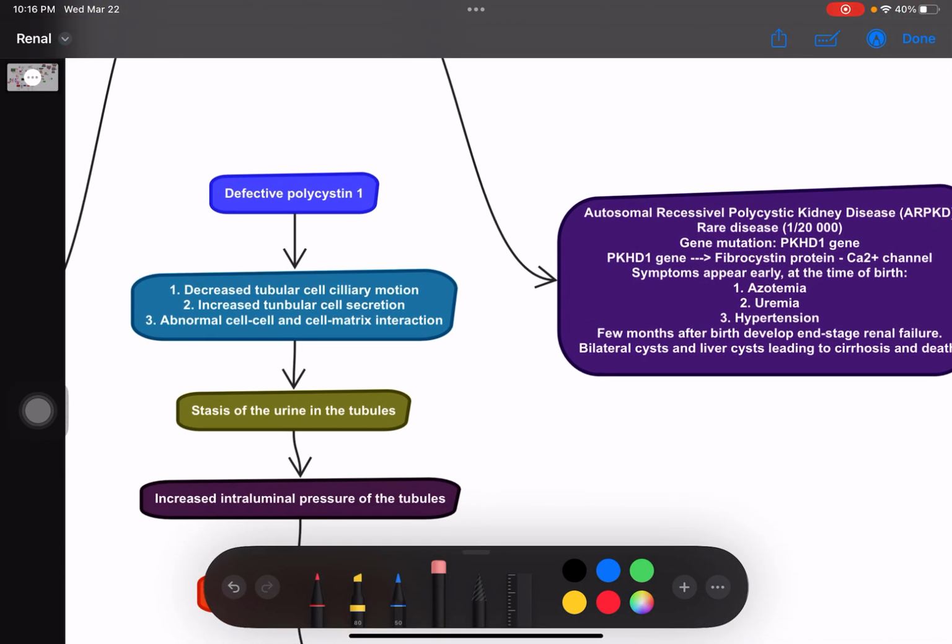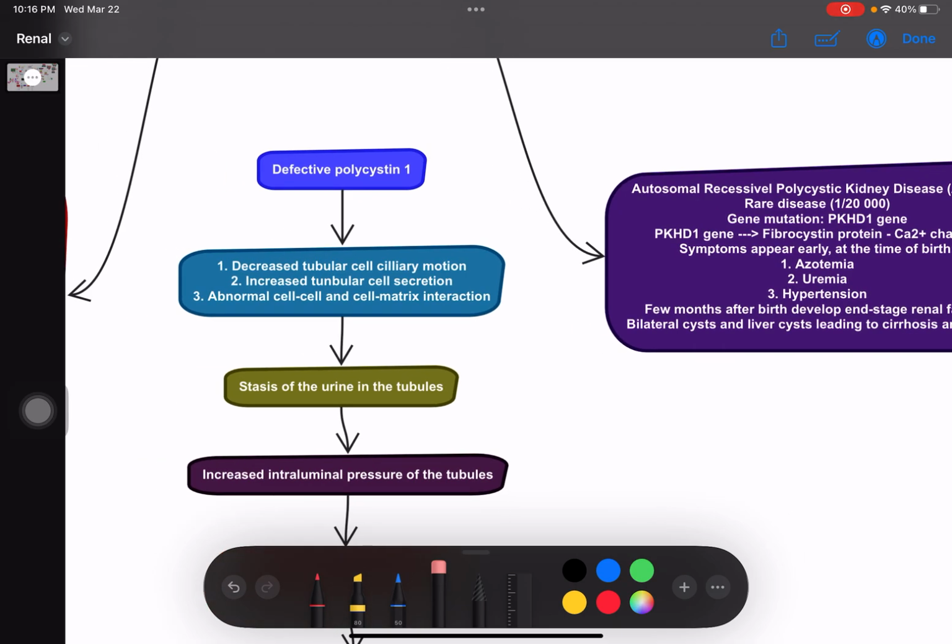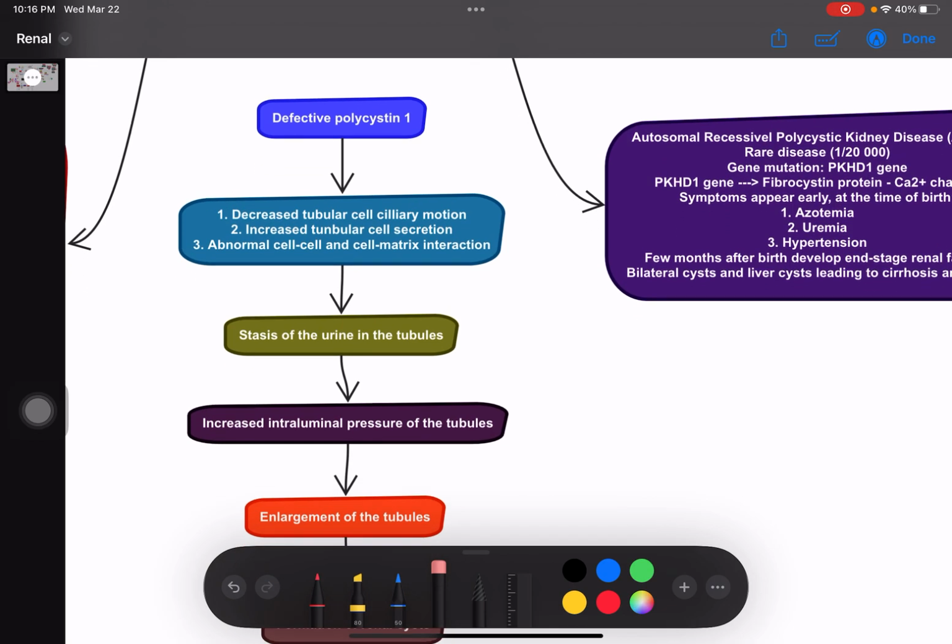Defective polycystin 1 causes decreased tubular cell ciliary motion, so cilia are defective, increased tubular cell secretion, and abnormal cell and cell matrix interaction. So if the ciliary motion is decreased, secretion is not happening as it has to, and I believe absorption is defective as well.